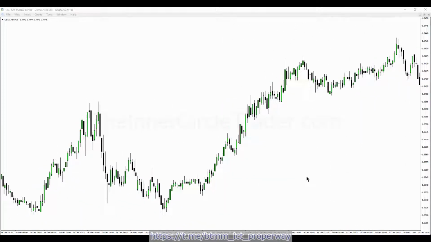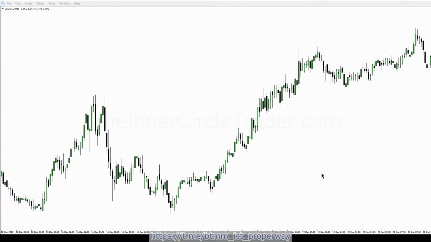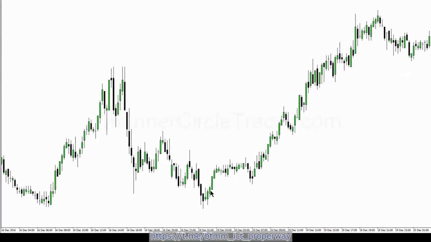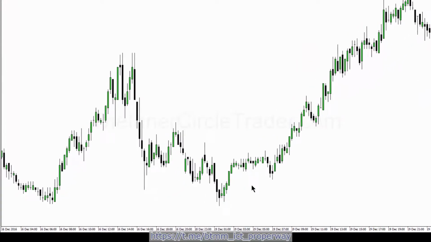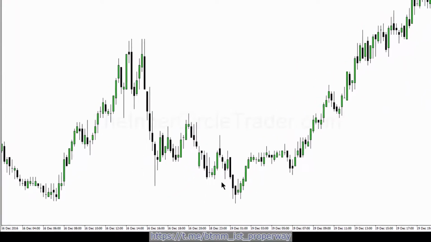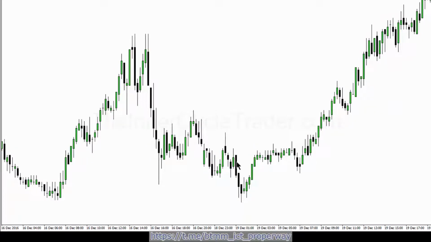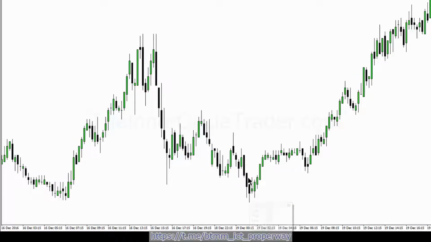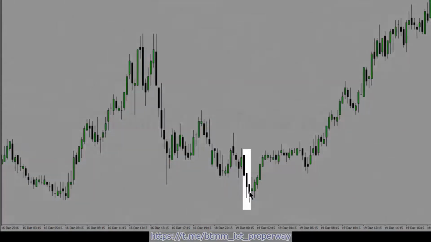Okay, first let's take a look at a bullish propulsion candle. You can see price has moved from a low here, and we're on the buy side of the curve, and the market has several down candles in here. So we would take this as one full bearish candle because it's consecutively 3 down candles.